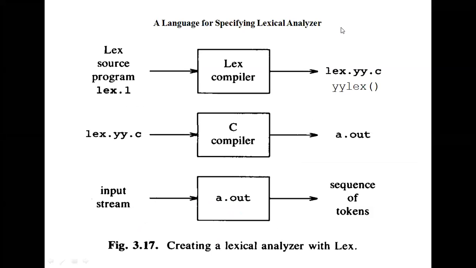Initially the source in the form of lex.l is sent to the lex compiler, and it generates lex.yy.c. That lex.yy.c is taken as input to the C compiler, which performs the compilation, and finally we get an object code, a.out. Then in the third level, we give input streams to that executable object program, and finally we generate a sequence of tokens.